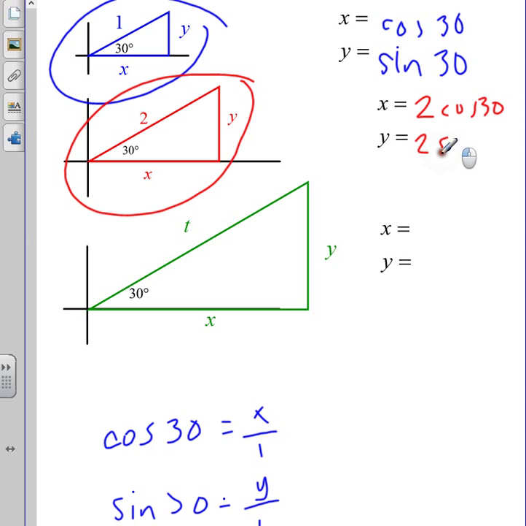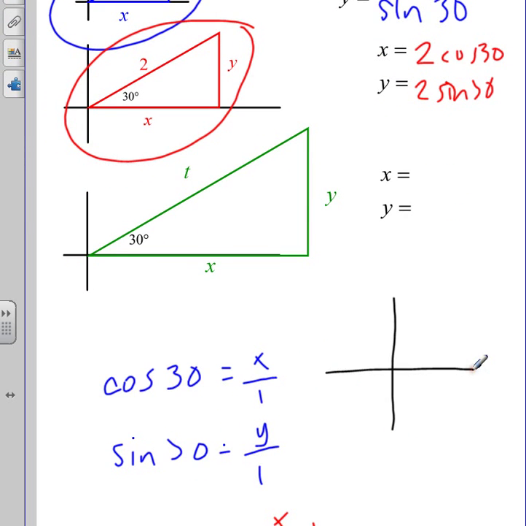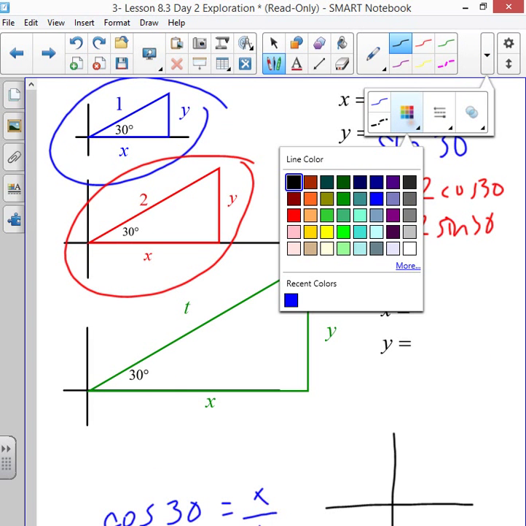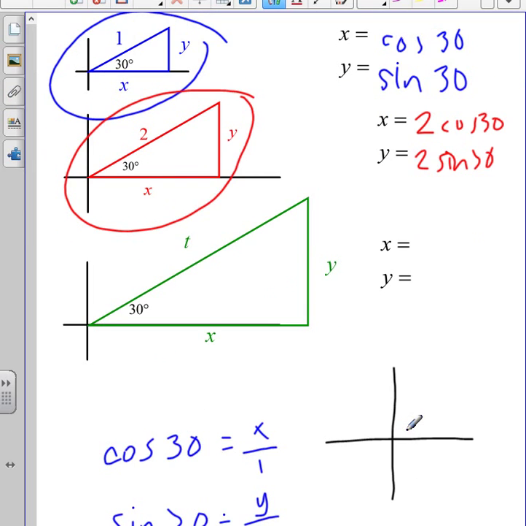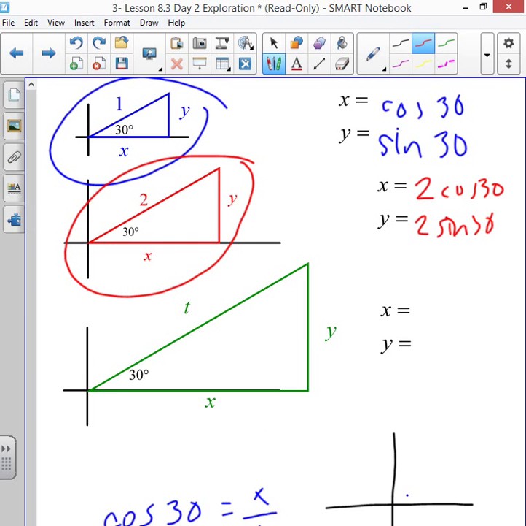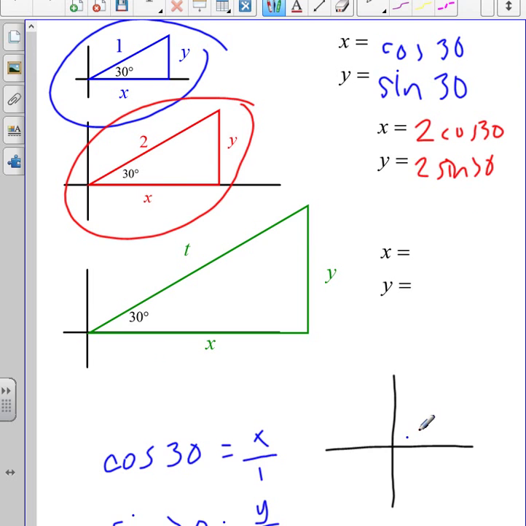Y would be 2 times sine of 30. If you tried plotting those in your calculator, what's actually going to happen on your picture is you are just going to get 1 dot each. So there's a dot. That's my blue graph. My red graph would be about there. Well, that's not very exciting.